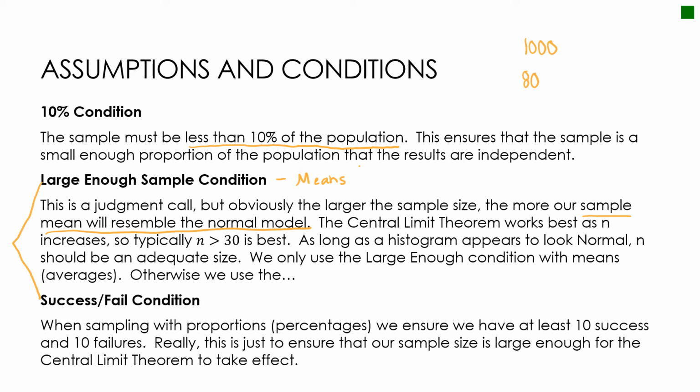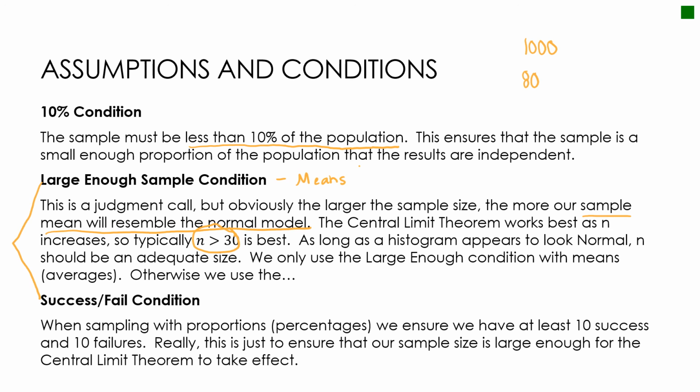So the pictures that I showed you of the samples of dice, the larger n is, the more we're going to have a sample distribution that represents the normal model. So we're typically looking for n greater than or equal to 30, but if you create a histogram from the samples and it looks nearly normal, then you're okay.